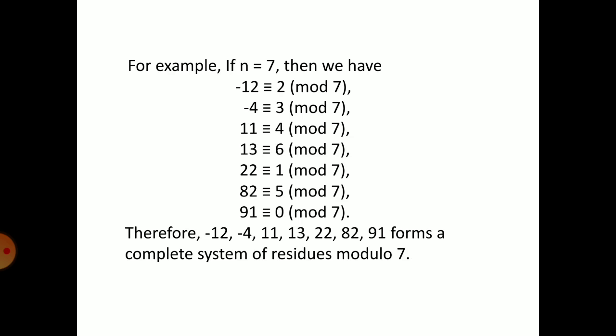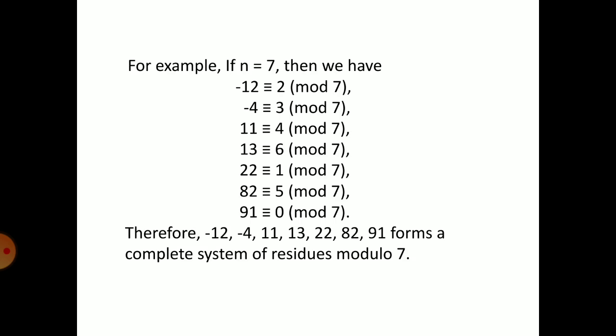Here a minus b is minus 12 minus 2, it will become minus 14, and we know that 7 divides minus 14, therefore minus 12 is congruent to 2 mod 7.